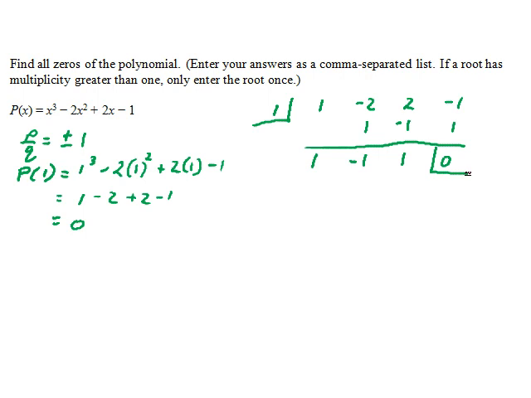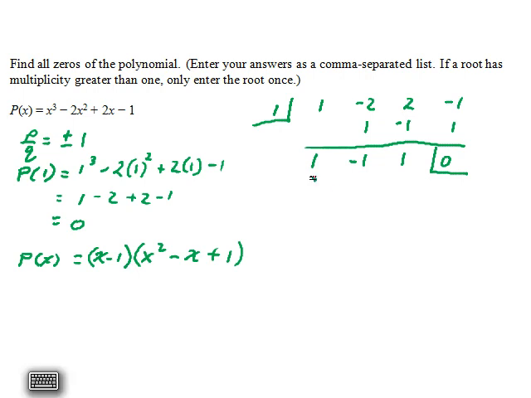So the quadratic factor this time is equal to x squared minus x plus 1, and we have a linear factor of x minus 1, since 1 is a 0.